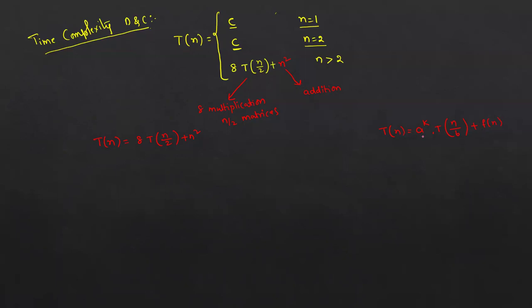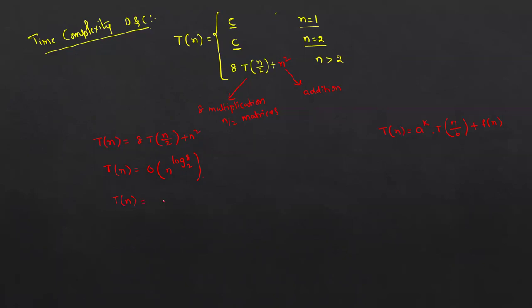If I apply Master's theorem here, the result is T of n equals order of n to the power of log a base 2. This is the result we get for the divide and conquer method. Next, let us compute this one.